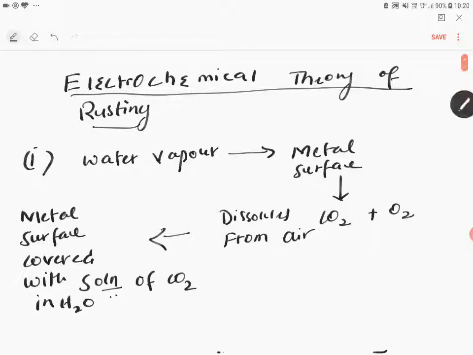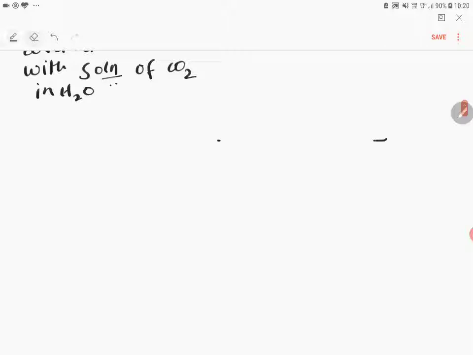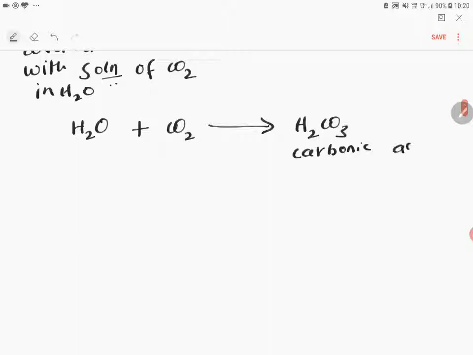I think all of you know this. What I am trying to say here is that H2O in aqueous medium absorbs CO2 to form carbonic acid. So this will be step 1.